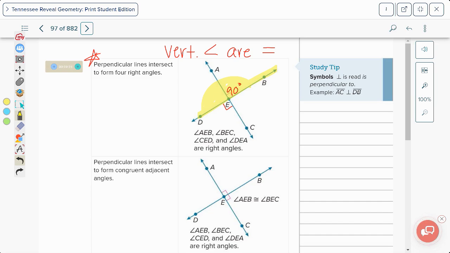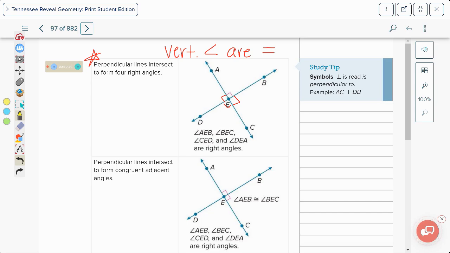Well, 180 take away 90 is another 90. And because that angle here is 90 degrees, we know its vertical angle will also be 90 degrees. So anytime, guys, you have a diagram like this and one angle is marked as 90, go ahead and assume all 4 are 90 degrees as well. Okay.